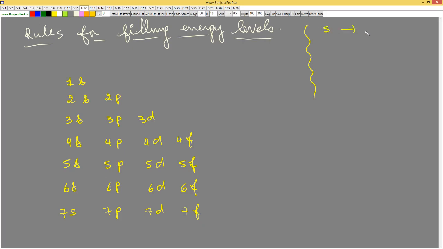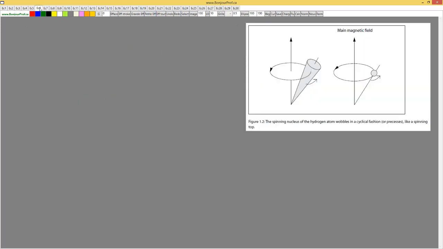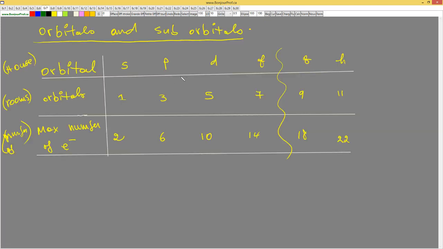S can hold how many? 2 electrons. P can hold how many electrons? 6 electrons. D can hold 10 electrons. F can hold 14 electrons. Again, go back to the table that we did. S can hold 2 electrons.